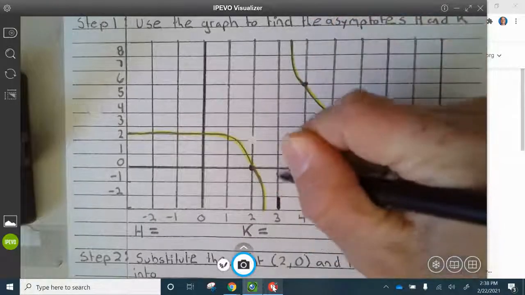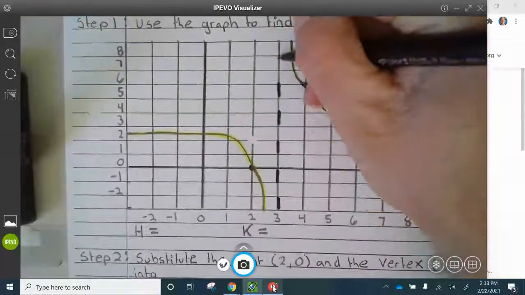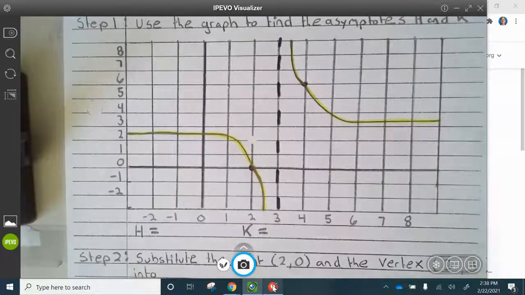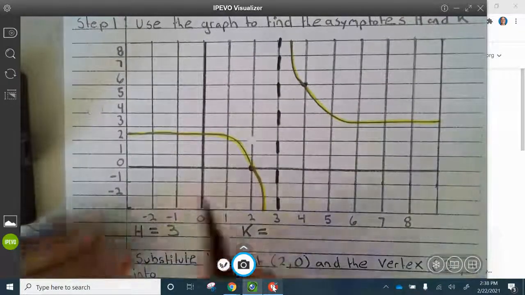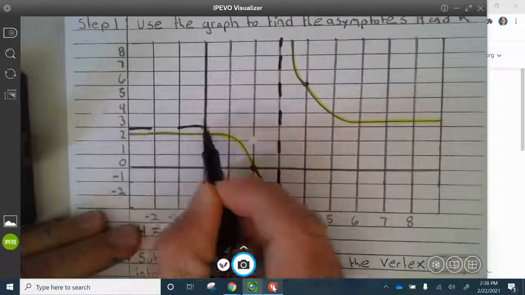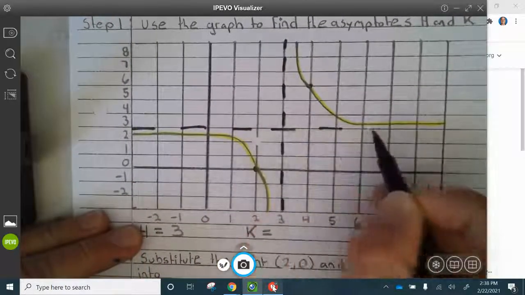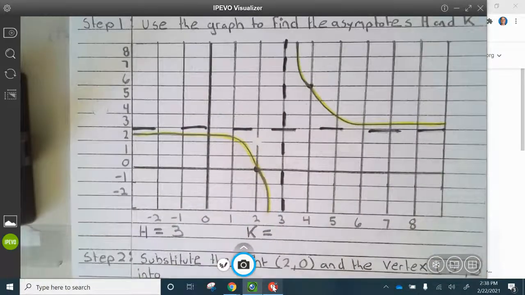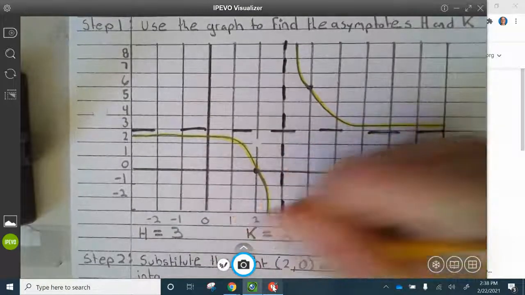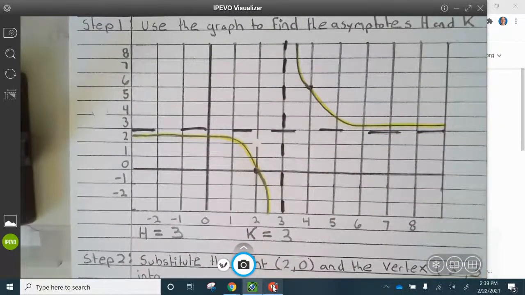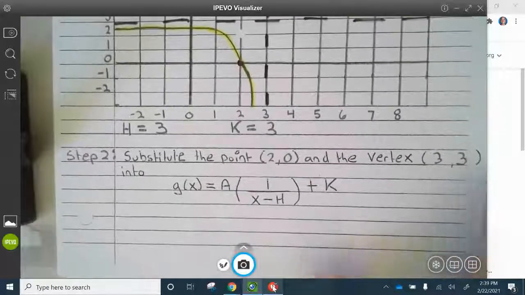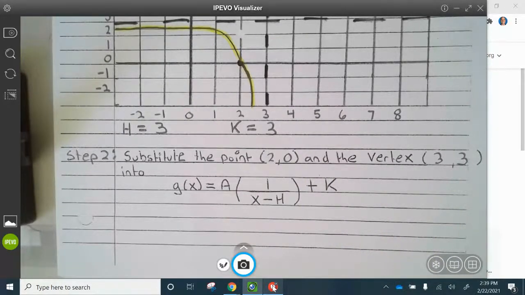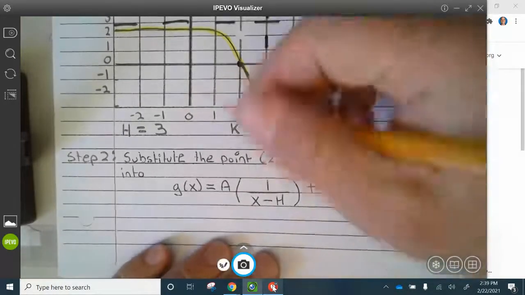Substitute the points 2, 0 and the vertex 3, 3 into g of x equals a, parentheses 1 divided by x minus h plus k. So this is x, this is y, this is h, this is k. And when I say y, we can also say that's g of x. So that's 0 equals, we don't know a, parentheses 1 divided by x, which is 2, minus h, which is 3, plus k, which is plus 3.